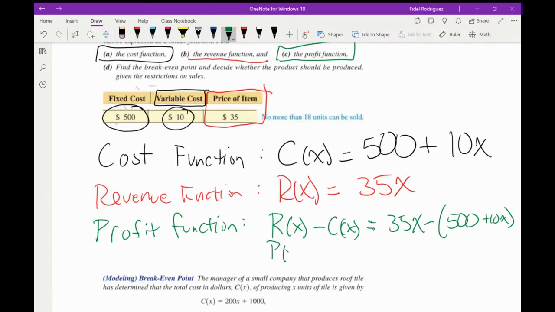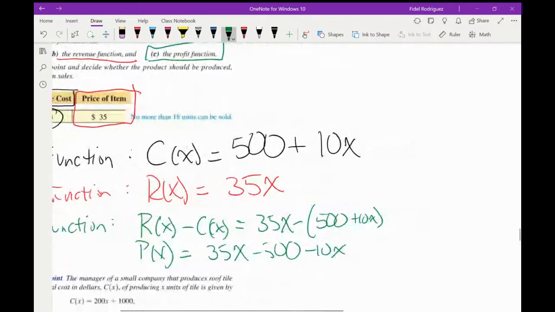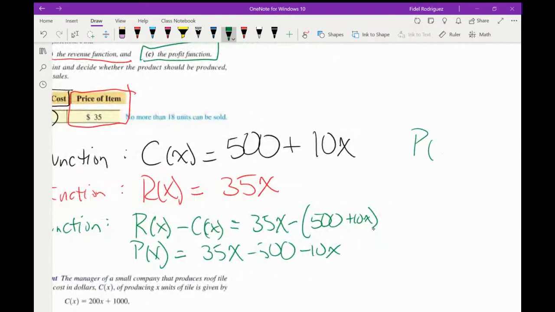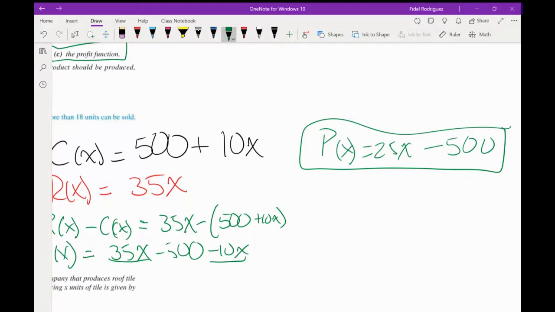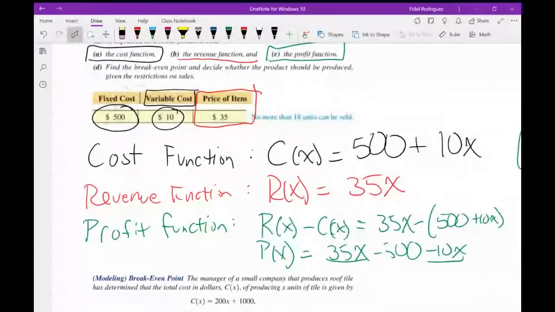And the profit function P of X is going to be equal to 35X minus 500 minus 10X. So I'm going to write it more over here. The profit function is now equal to 35 minus 10 is 25X minus 500. All right, so we got that part.